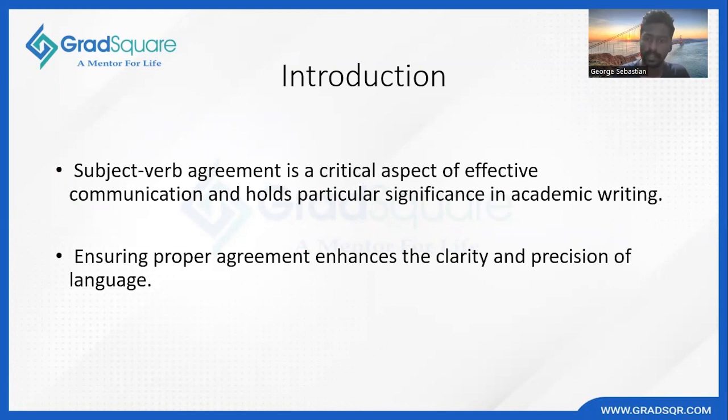Also in academic writing, by obeying the rules, whatever we have written makes much more sense to the reader. So we have to ensure that we adhere to all the rules regarding subject-verb agreement, right? By following these rules, we give much more clarity and precision in terms of language.